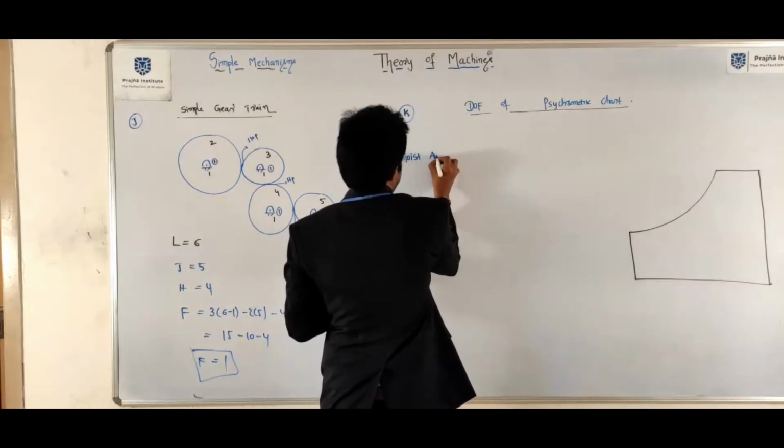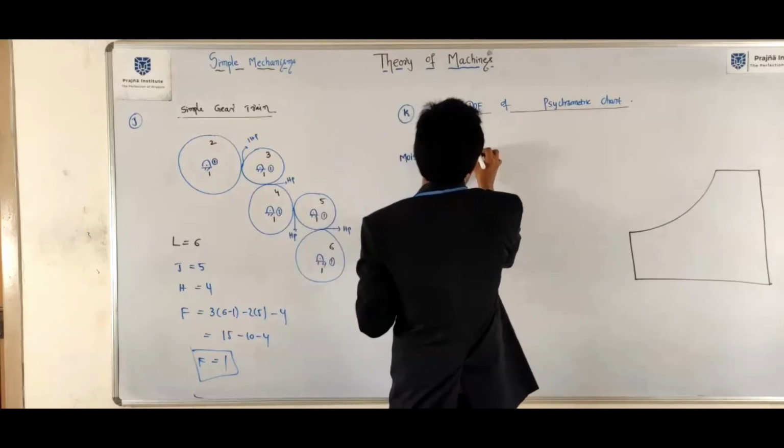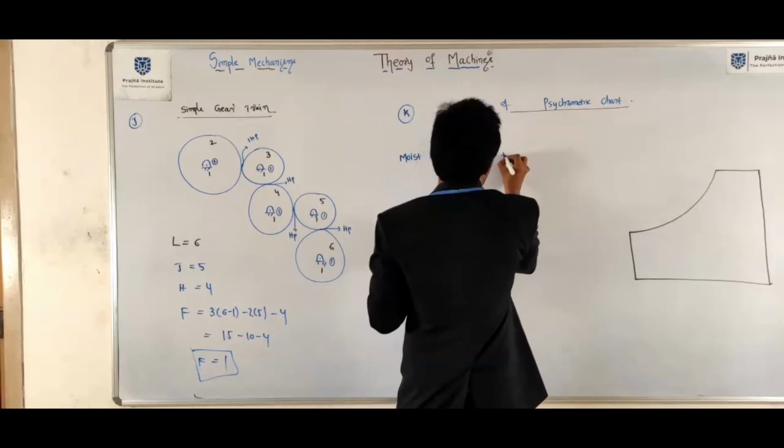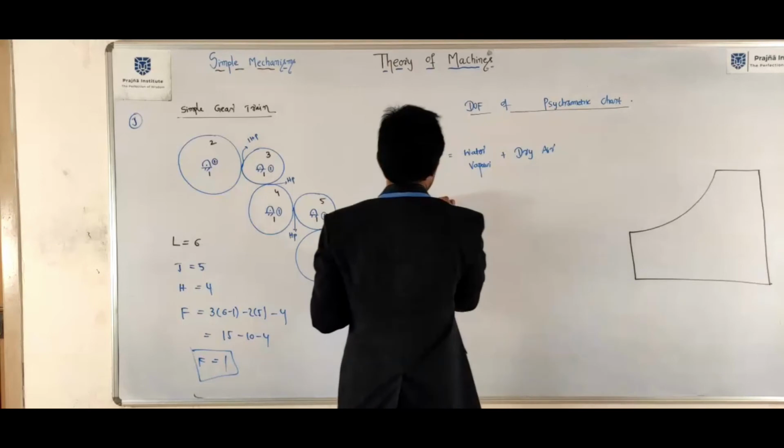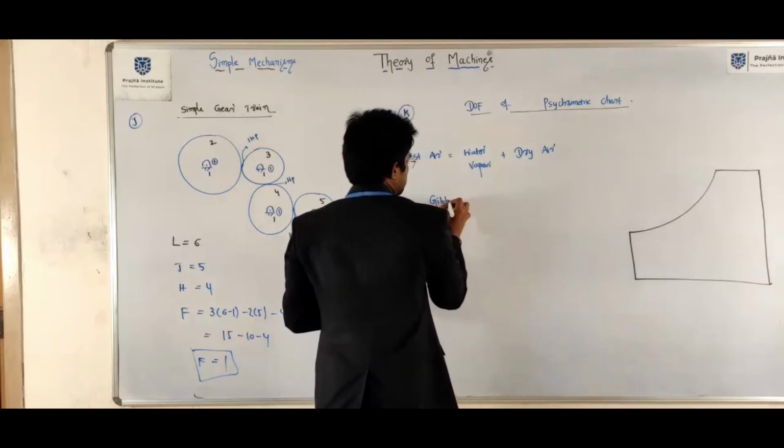Moist air, water vapor plus dry air. Gibbs phase rule.